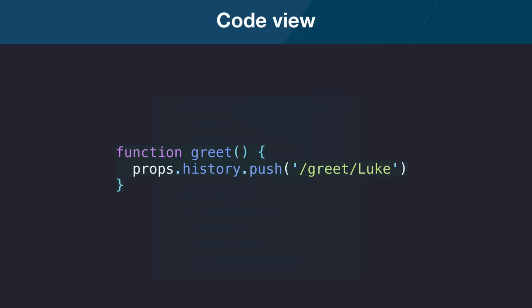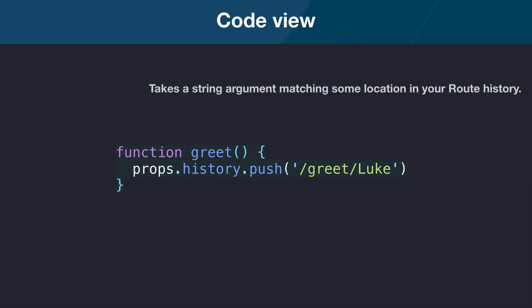Greet will simply push the user to greet by Luke. It'll push the user to that actual location. It'll change the URL from whatever it's at currently to greet/Luke. So the thing to remember about this push method is that it takes a string argument matching some location in your route history.